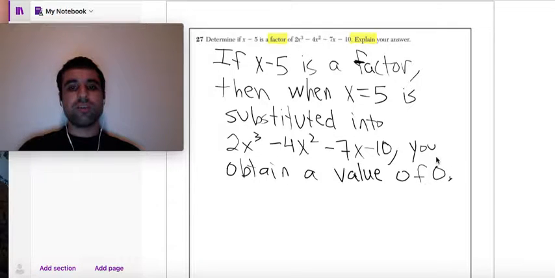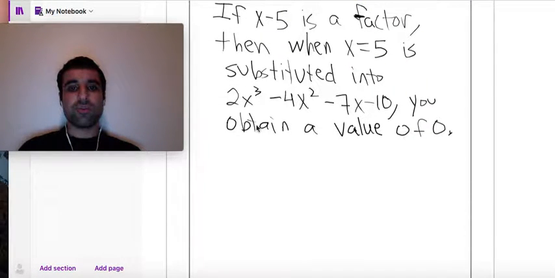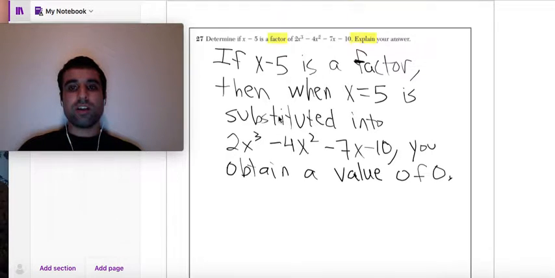Because what it does is it's going to give us the remainder when we divide. Whatever we get will be the remainder when we divide the polynomial by x minus 5. And what we might want to include for some work is that x minus 5 equals 0. X equals 5 will be a 0 of the polynomial then, if x minus 5 is a factor.